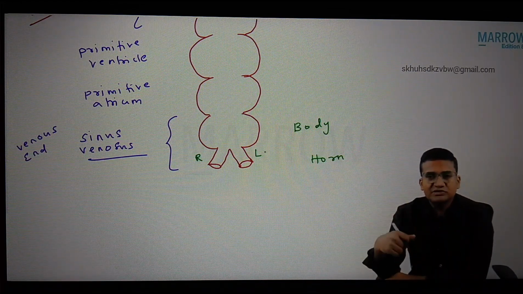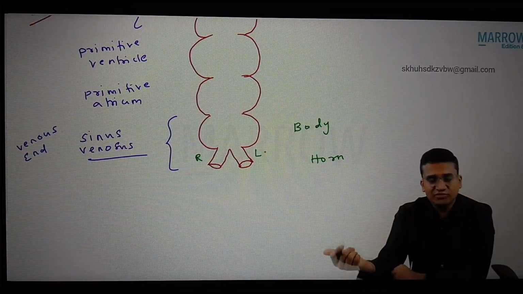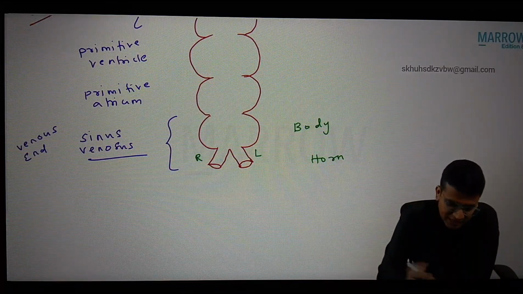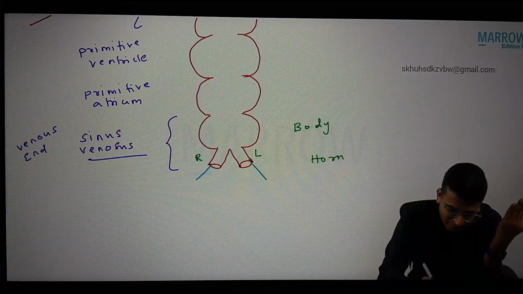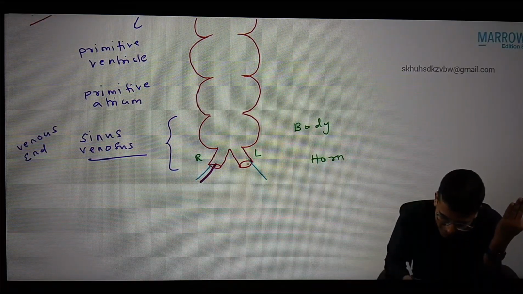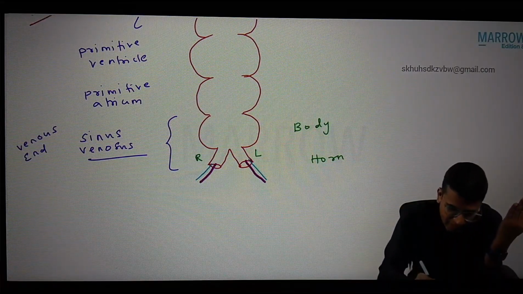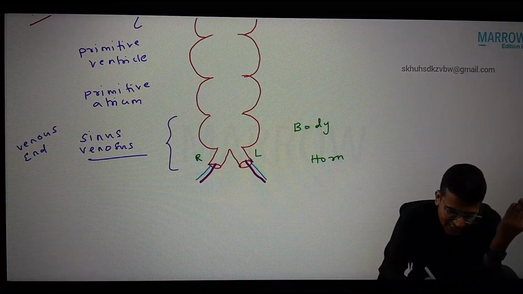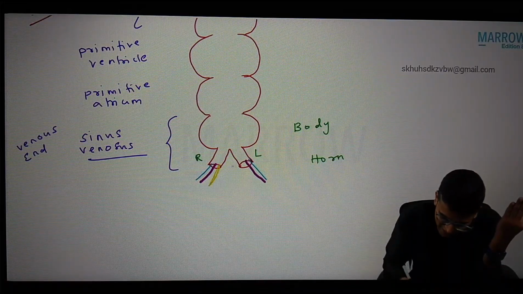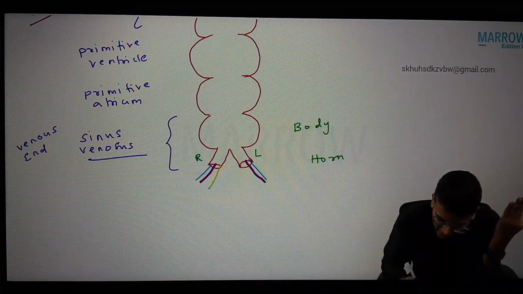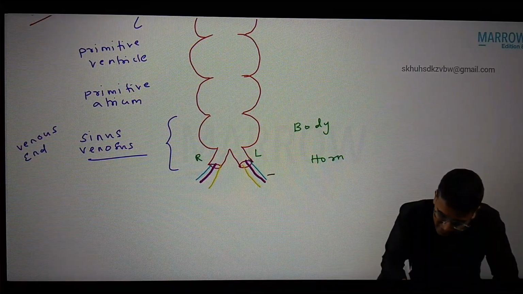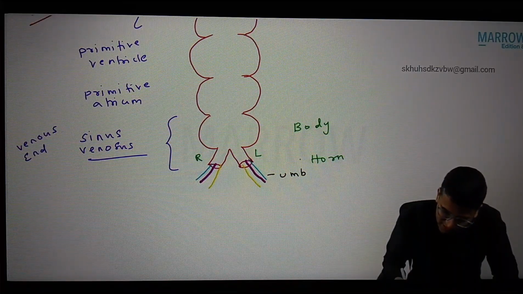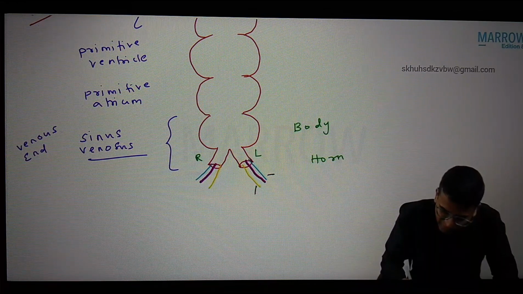Now, each horn of the sinus venosus receives three sets of embryonic veins. Three veins opening here. Now, this is our common cardinal vein. This is our vitelline vein. And this is our umbilical vein. So, three sets of veins, they open into each horn of the sinus venosus.